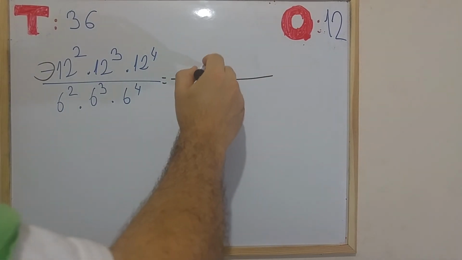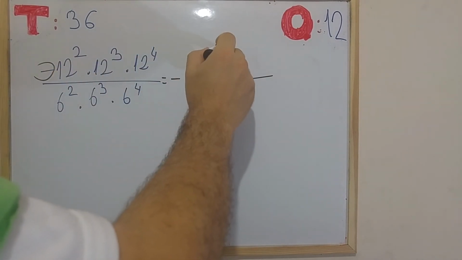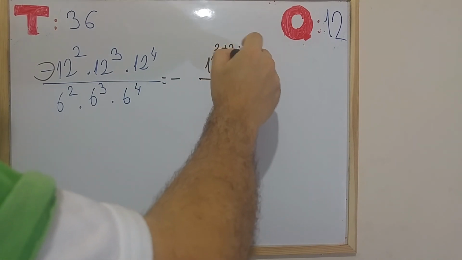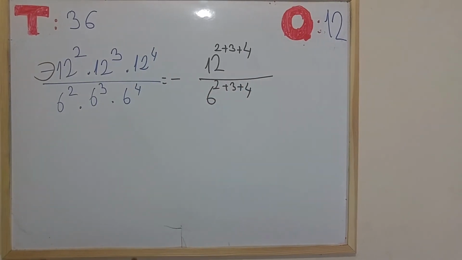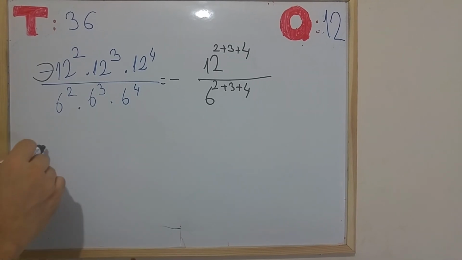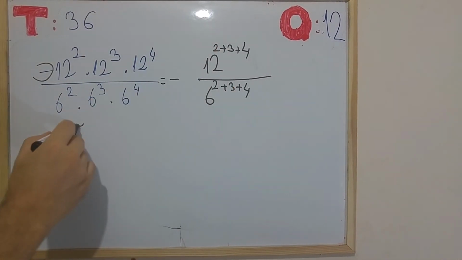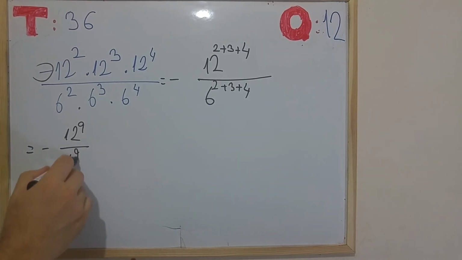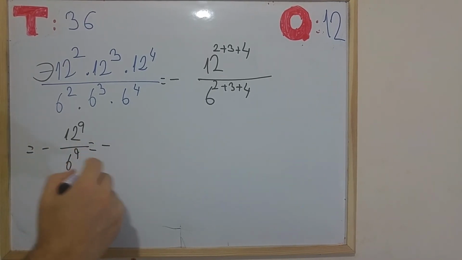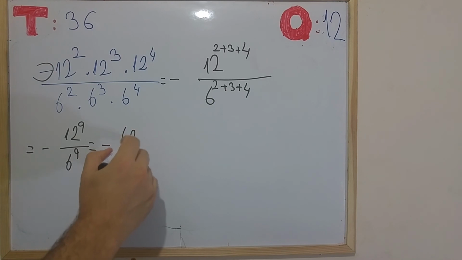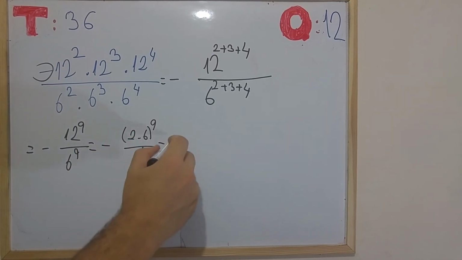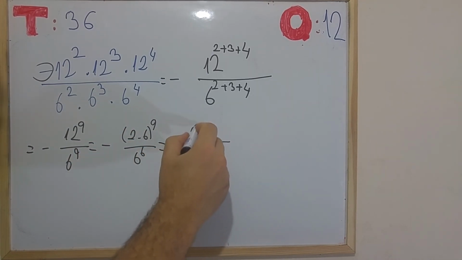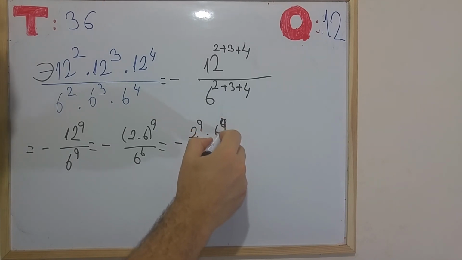And what we have here now is 12 to the power of 2 plus 3 plus 4, and 6 to the power of 2 plus 3 plus 4 again, which makes minus 12 to the power of 9 over 6 to the power of 9, which means minus again 12, as you see, is equal to 2 times 6, so we could say it 2 times 6 to the power of 9 over 6 to the power of 9, or we could separate this as minus again 2 to the power of 9 times 6 to the power of 9.